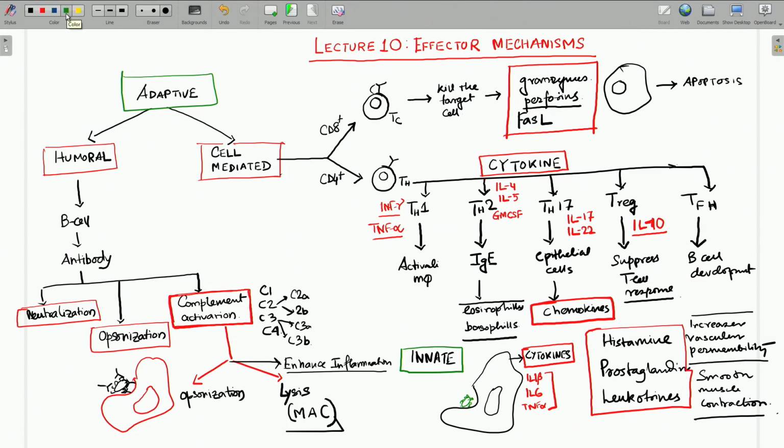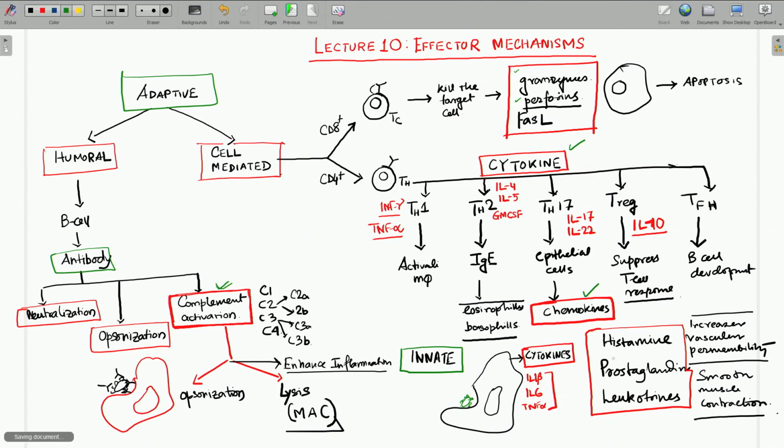If we look at the whole picture, the different effector mechanisms and effector molecules of the immune system we have identified include the complement proteins, of course the antibodies, different types of small molecules, enzymes like granzymes and perforins, and then the cytokines and chemokines, different types of cytokines.